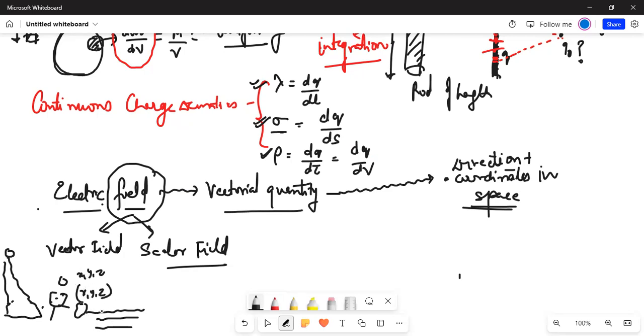Or if I ask you what is the temperature, near this place there would be a certain temperature, and as you go higher in altitude, from your geography classes, you know the temperature would fall. So your temperature is behaving as a function of x, y, z. Certainly this is a field, but it does not possess a direction. So this is a scalar field.